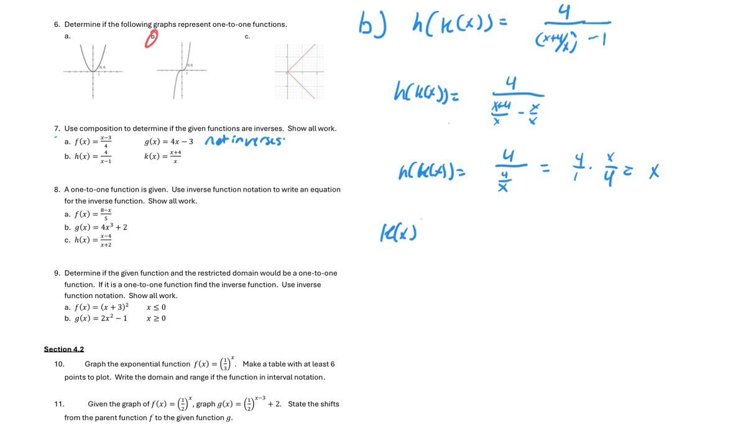Now we'll do k of h of x. Anytime we see x, we'll replace it with h of x. So 4 over x minus 1, plus 4, all over 4 divided by x minus 1.